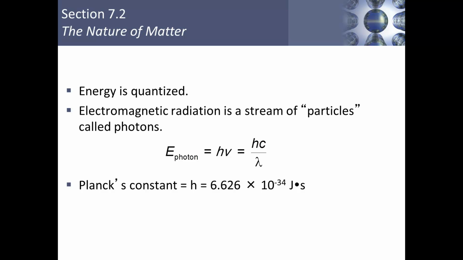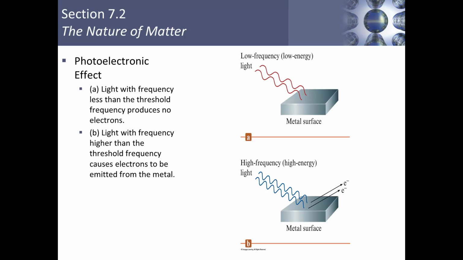Einstein went on to describe the photoelectric effect, for which he won the Nobel Prize in 1921. Observations of the photoelectric effect led to the idea of the dual particle-wave nature of light.